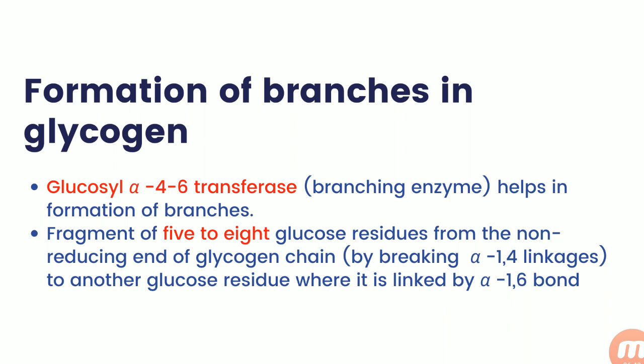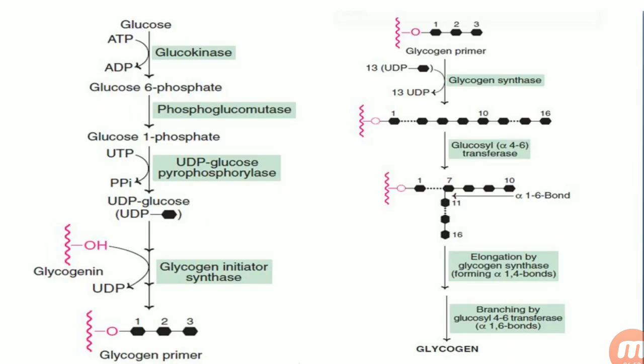So by this, glycogenesis is over, but now we will see the pathway of glycogenesis to make it more clear to you guys. When you see the pathway, the glucose is converted to glucose 6-phosphate with the help of glucokinase, and then the glucose 6-phosphate is converted to glucose 1-phosphate and subsequently to UDP glucose.